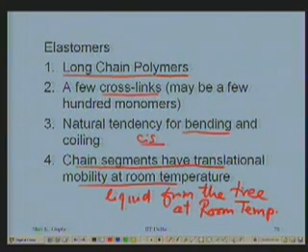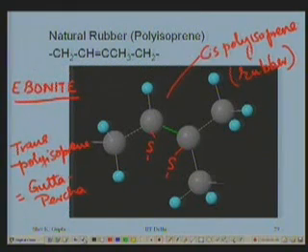So all these four conditions are satisfied for it to become an elastomer, right? I think we shall now talk about the mechanical behavior of the elastomer, probably in the next class.